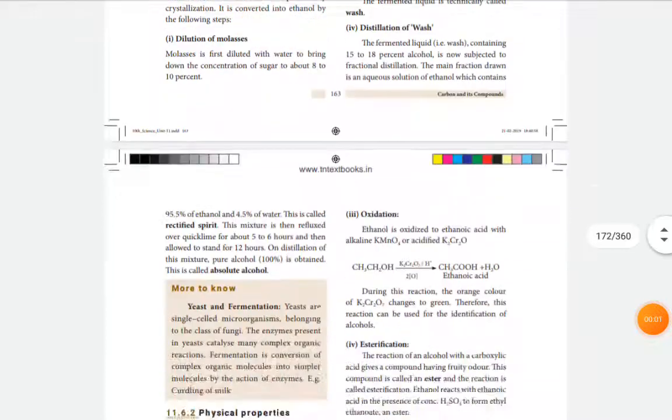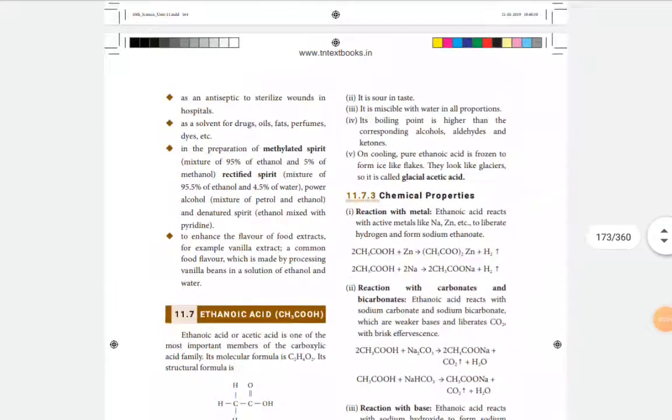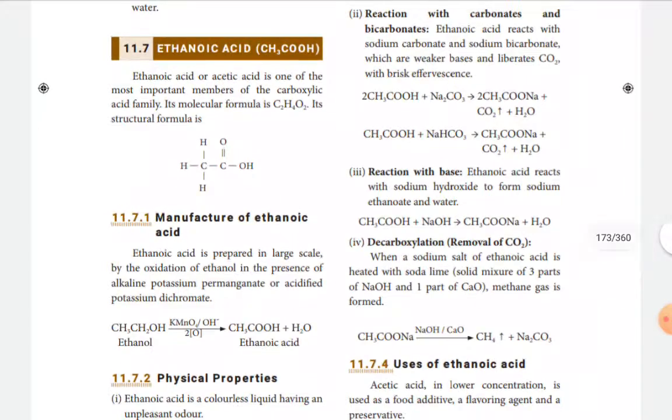So my dear students, in the manufacture of ethanoic acid, as already told, in presence of alkaline potassium permanganate or acidified potassium dichromate, ethanol or ethyl alcohol is oxidized. Oxidized means oxygen is added and ethanoic acid is formed with water.